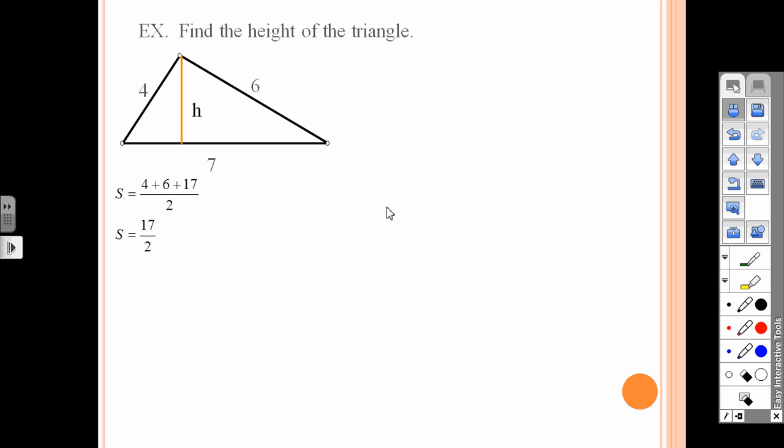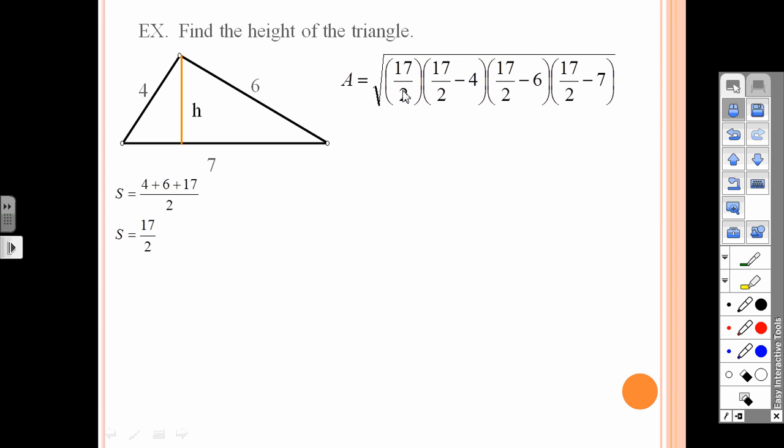First things first is to figure out your semi-perimeter. And unfortunately, the semi-perimeter is a fraction. That's because we got an odd number up there, huh? Well, sometimes that happens, so we've got to deal with it. All right, so now we're going to take the semi-perimeter, multiply by the semi-perimeter minus 4 times the semi-perimeter minus 6 times the semi-perimeter minus 7.